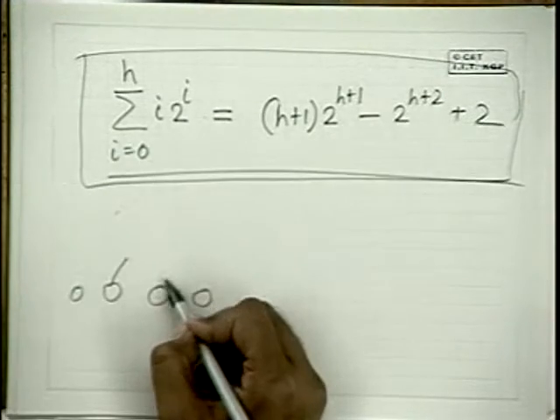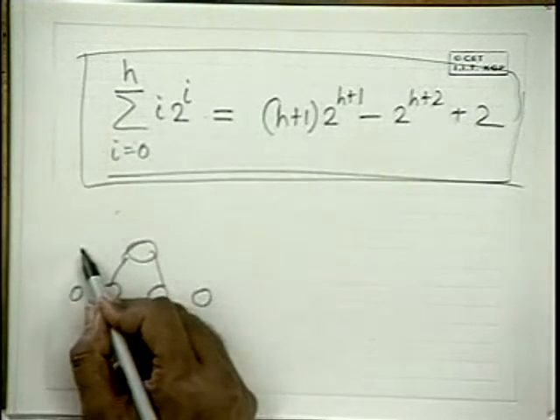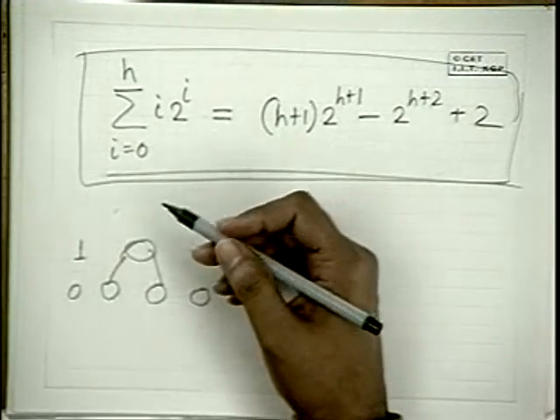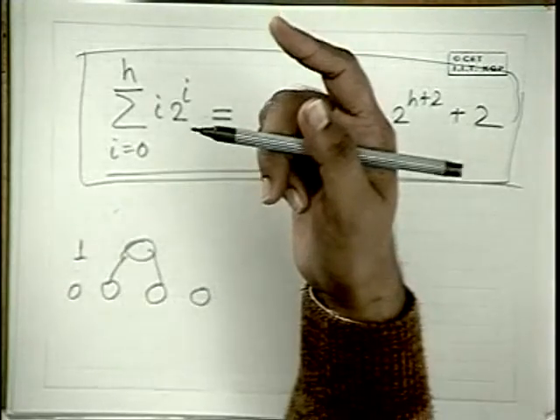The next level, the height was 1. The next level, height was 2. But when we analyzed it, we took everything to be h, and that gave a bad bound. Not always, but if you are careful with this, it will give a better bound, so let's try.